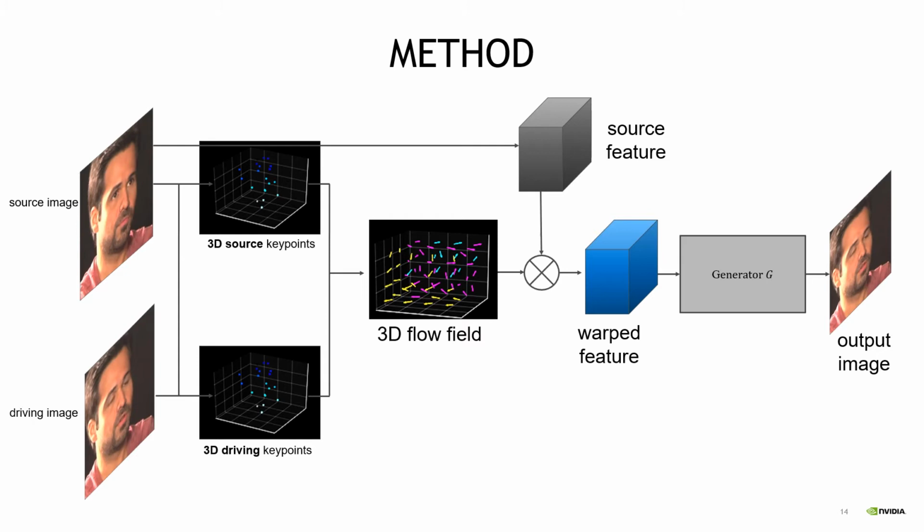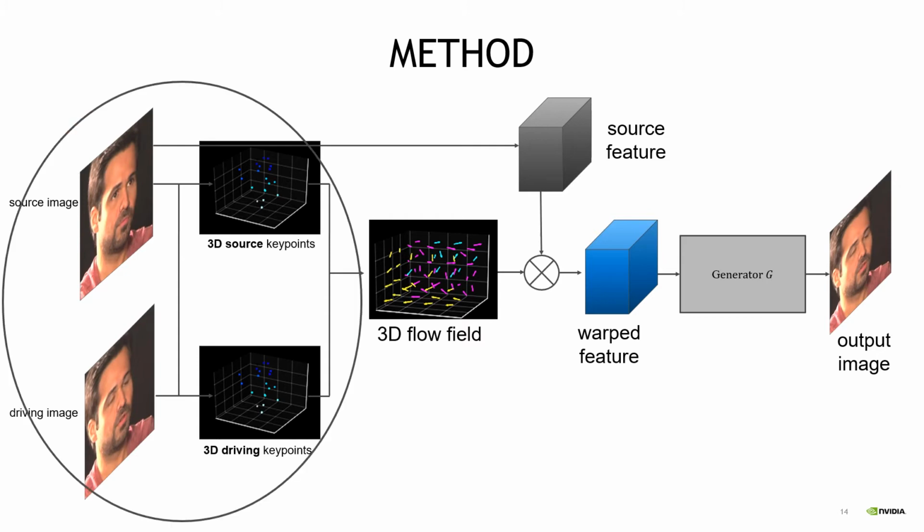In the processing, we also use an occlusion map to infer the location, to help guide the generator to know when to hallucinate. Okay, now in the next slide, we're gonna dive into the details on how we estimate the 3D source key points and 3D driving key points.